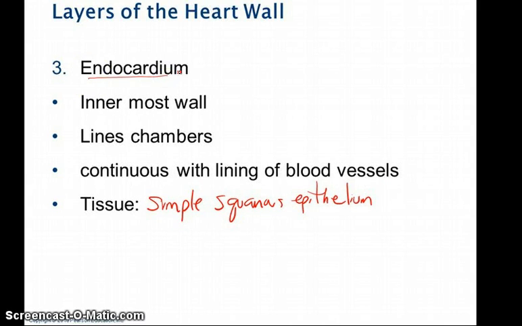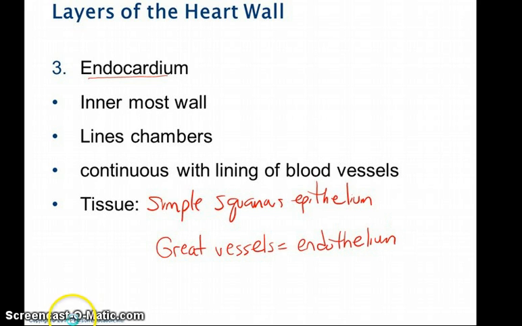But this simple squamous epithelium continues through the heart and into the great vessels. And as it moves into the great vessels, it's called endothelium. So again, in the great vessels, like the aorta and the pulmonary trunk, it's still simple squamous epithelium, but they call it endothelium instead of endocardium.